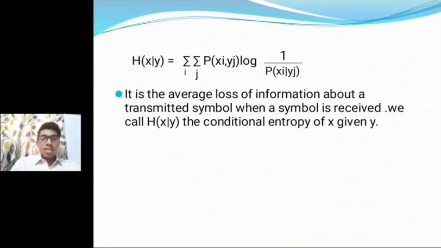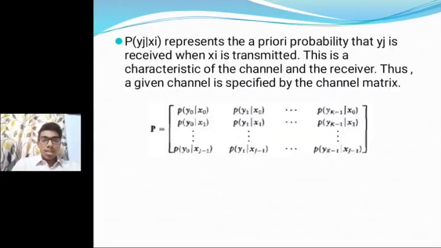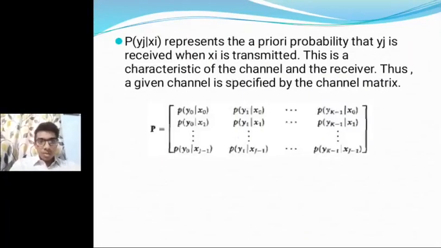We call H(X/Y) the conditional entropy of X given Y. Now p(yj/xi), when xi is transmitted and yj is received, is the characteristic of the channel and the receiver. Thus a given channel is specified by the channel matrix.